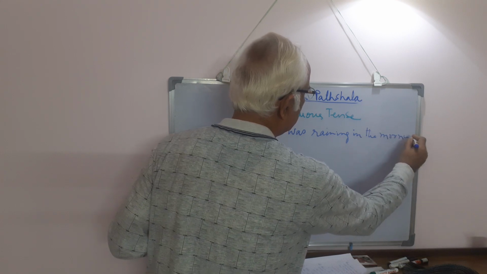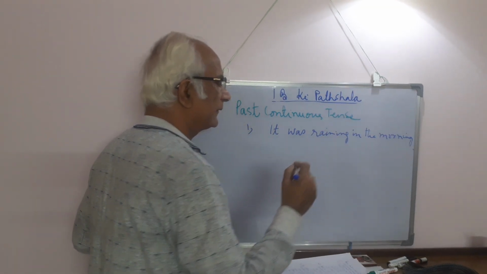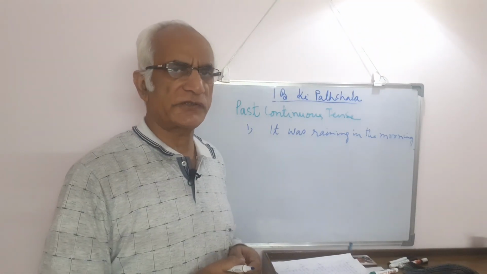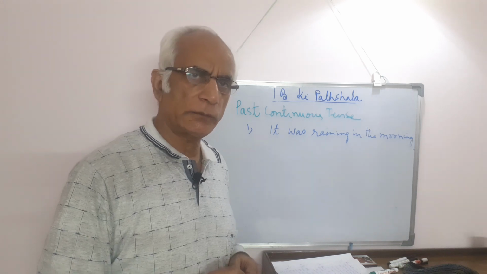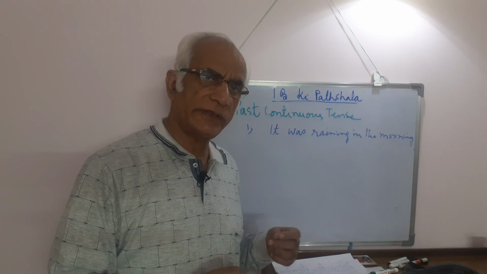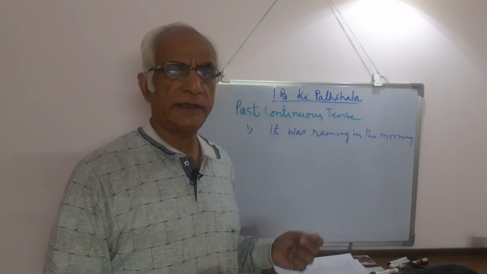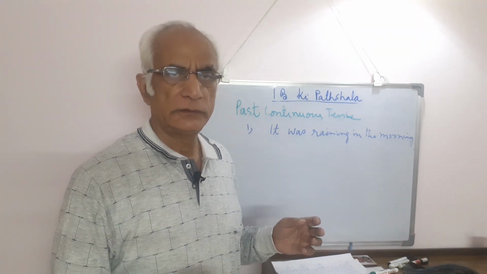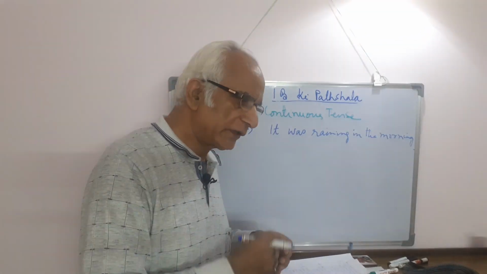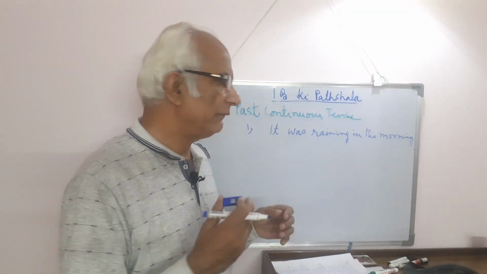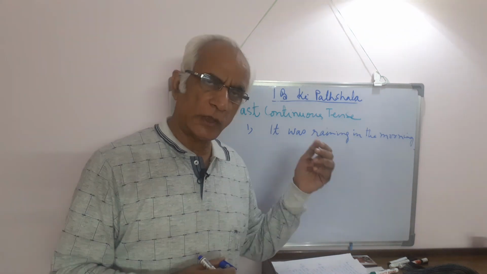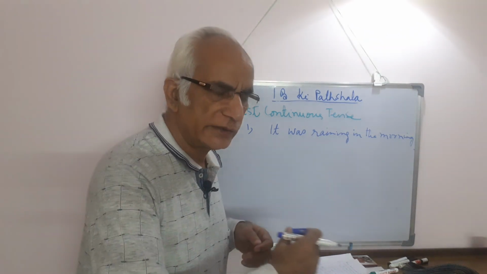Let us say I'm talking in the afternoon, I am in my school, and I talk about the morning. So when I left my home, it was raining. The rain was still falling. It had not stopped. So by the time I left my home, the rain was still falling. So in the afternoon when I'm talking to someone, I will say it was raining in the morning. The rain was falling at that point in time and it was continuing for some time.